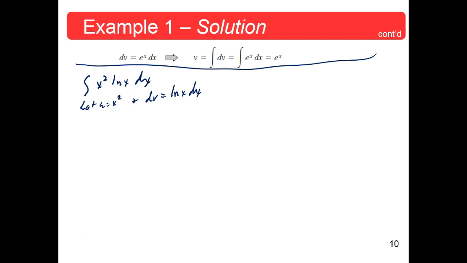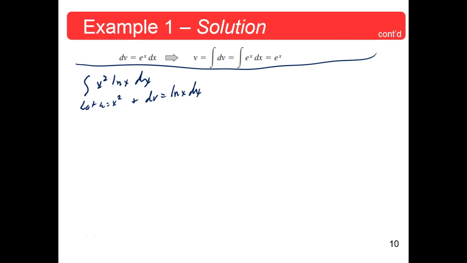However, I'm trying to think, what's the integral of log x dx? Antiderivative of log x. Is it not just x? Let me think. Derivative of log x is 1 over x.